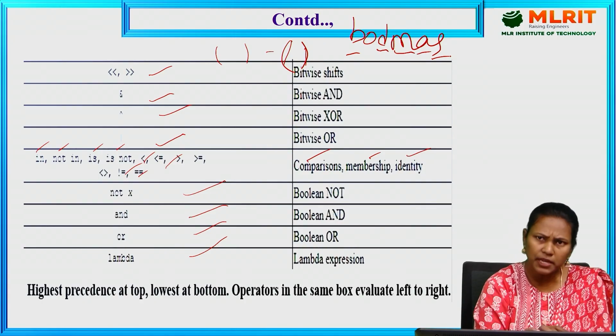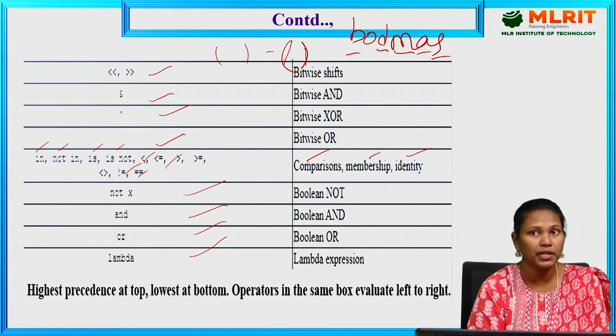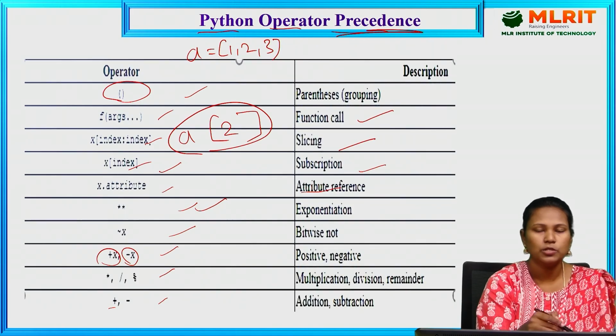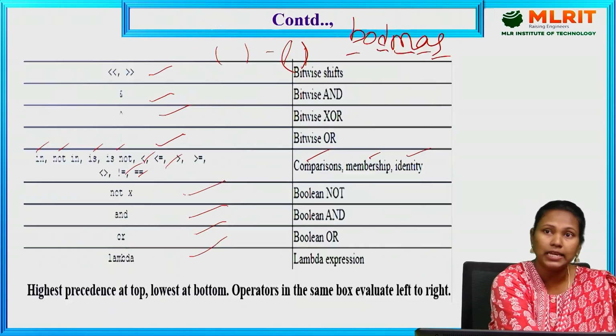In this way, here also we have different operations like bitwise and, bitwise or, and this is the precedence of that. So in this way, we calculate any equation.